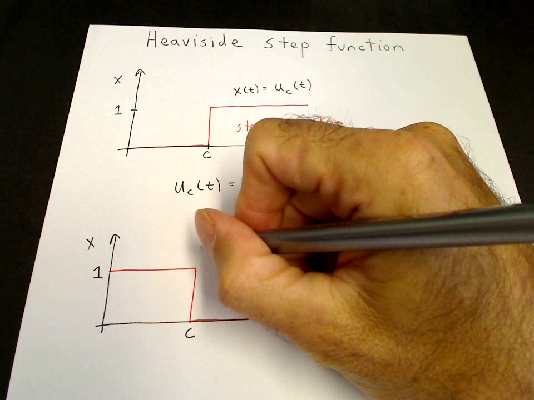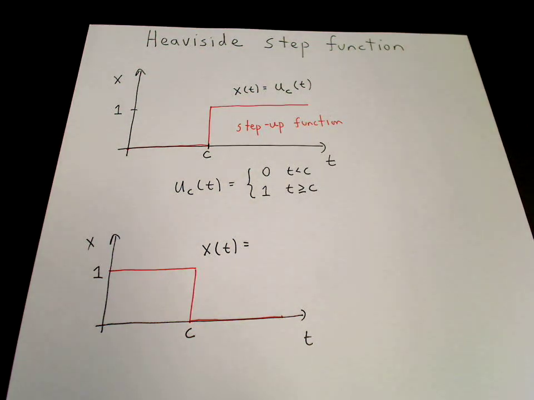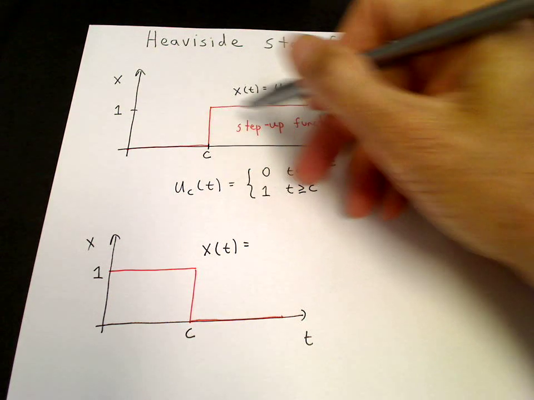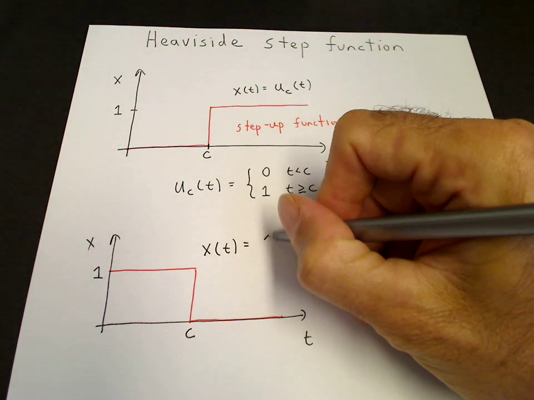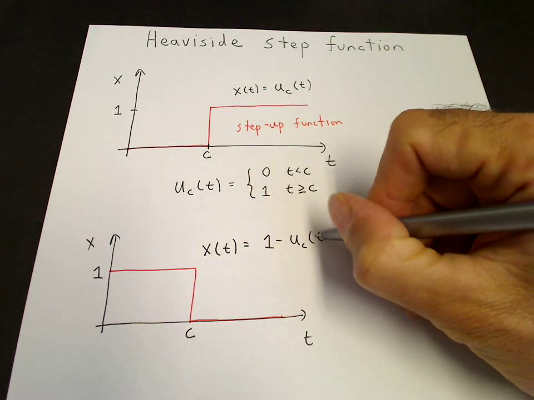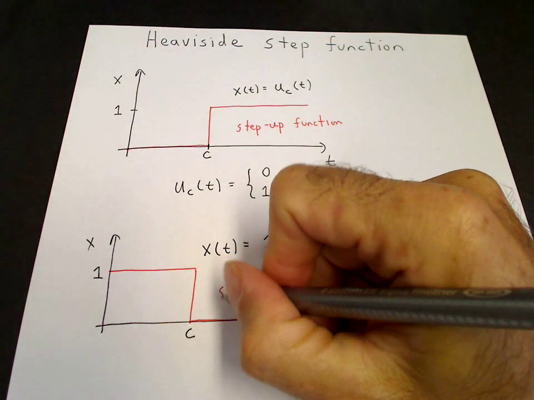And here, this function is 1 when t is less than c, and then becomes 0 when t is greater than c. So we can see that this is 1 minus the Heaviside step function, right? And then this is the step down function.